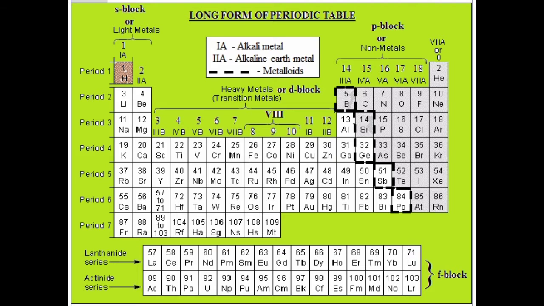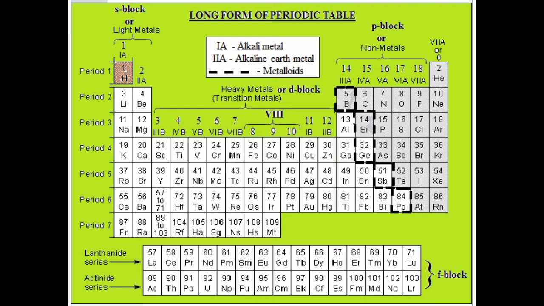Are you getting me, students? Why transition elements? Because the elements belonging to these groups have their last two shells incomplete.